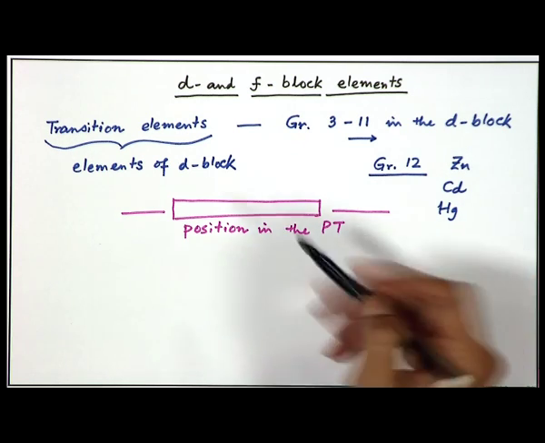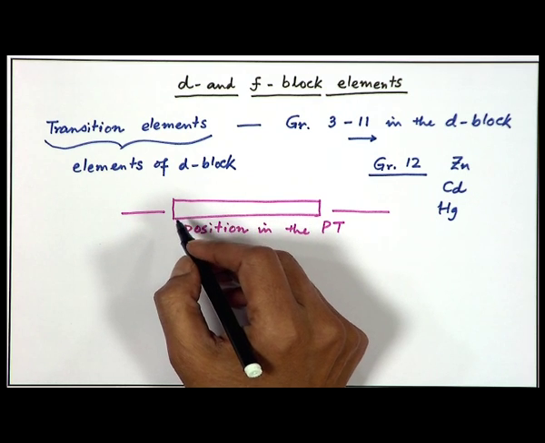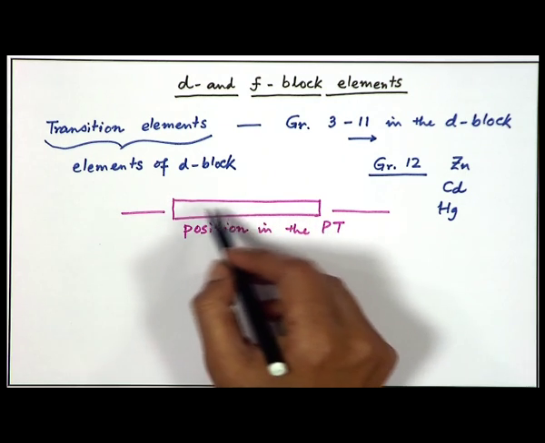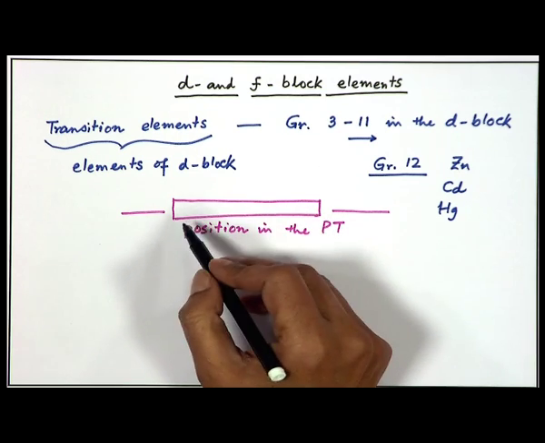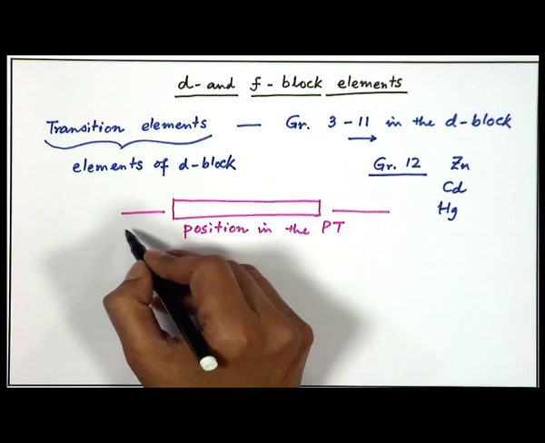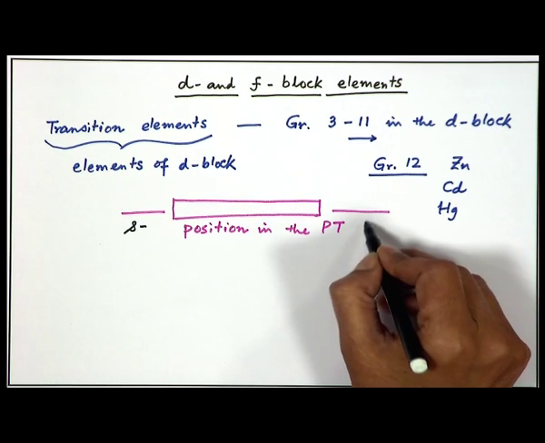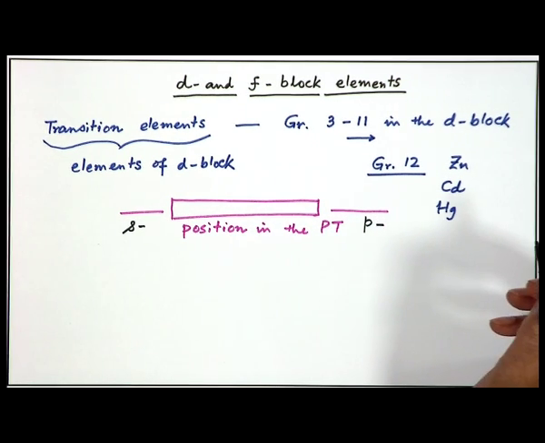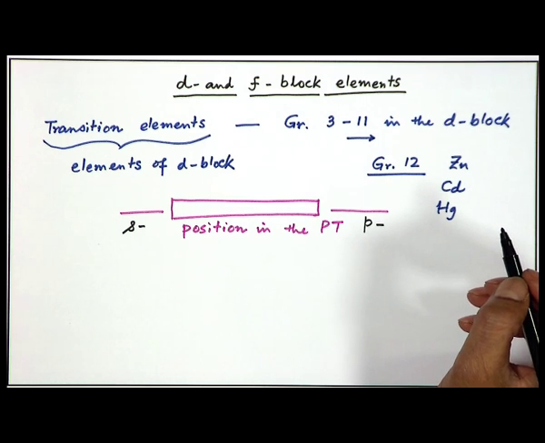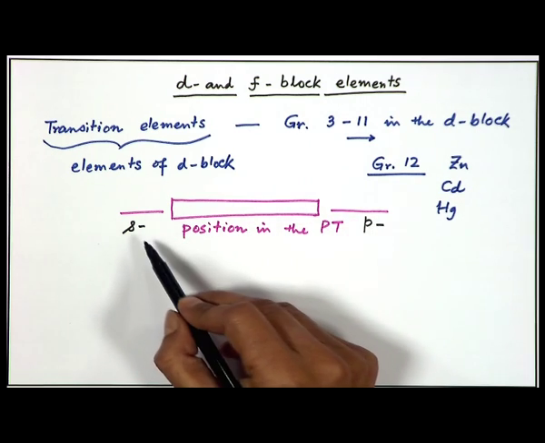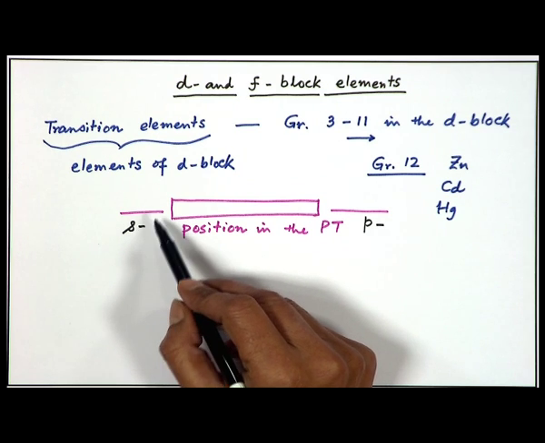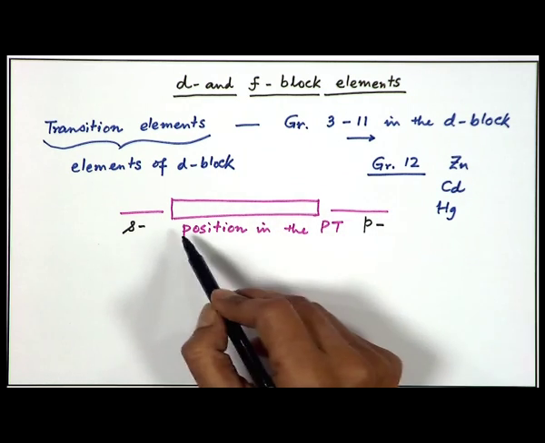So, the positioning of these elements is important, and this position is the transition position from S to P. So, we basically go for a transition from S to P via these elements.